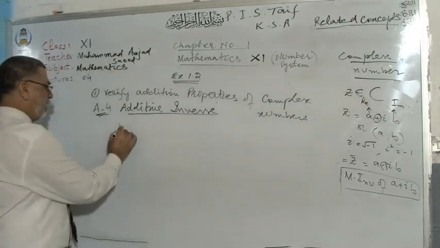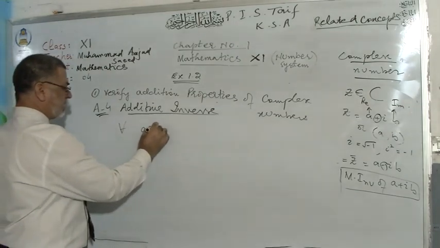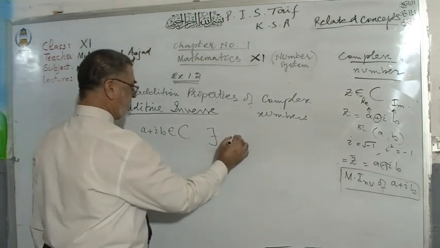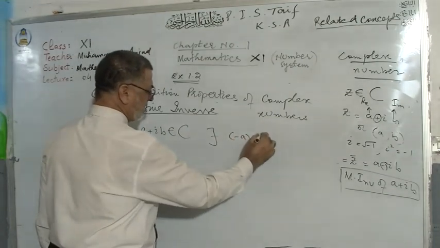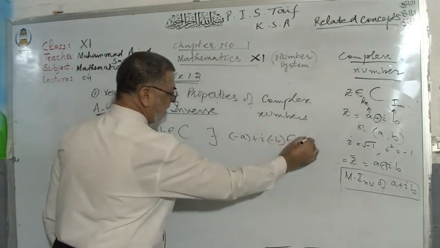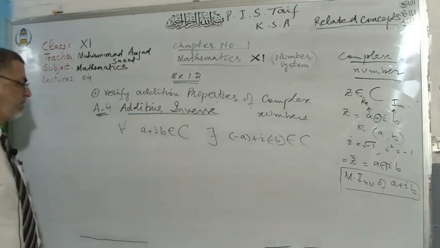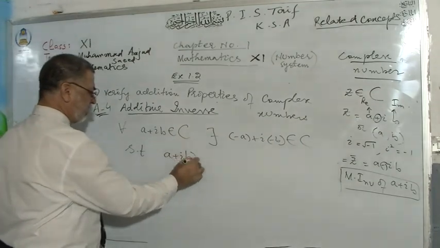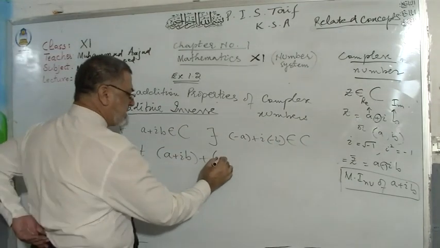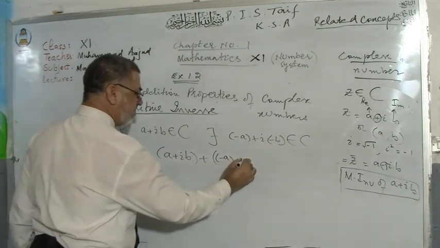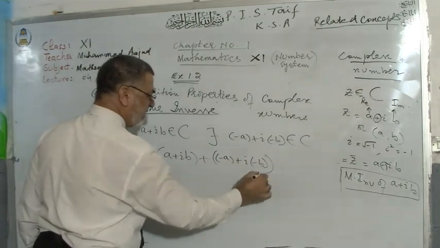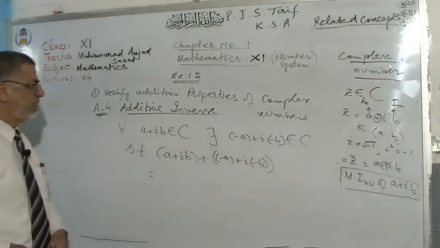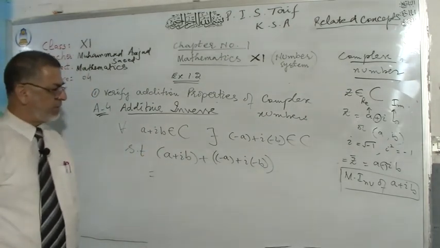For all a plus iota b belongs to C, there exists minus a plus iota into minus b belongs to C, such that a plus iota b and plus minus a plus iota into minus b, these are the two numbers in set of complex number.